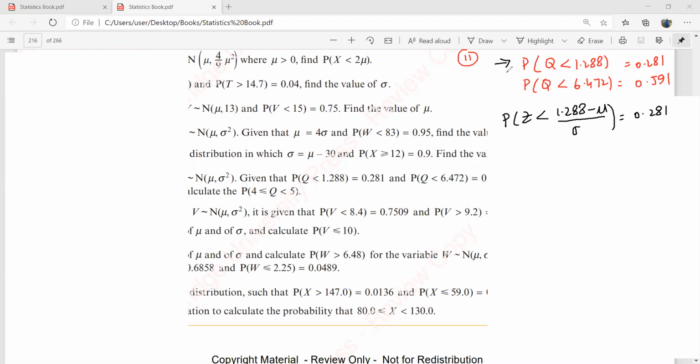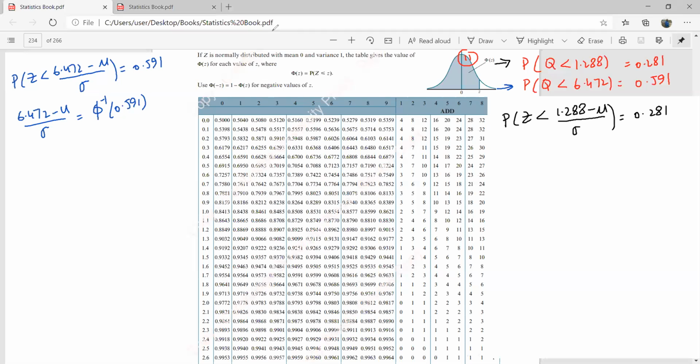This is my relation, and using this relation, can I write the probability Z is less than 6.472 minus mu over this standard deviation, that is equal to 0.591. I'll first deal with this. I can say 6.472 minus mu over this sigma is phi inverse of 0.591.